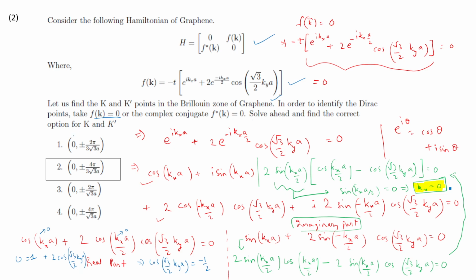So here we already see that all the options have kx equal to 0. We have to find what is the value for this.